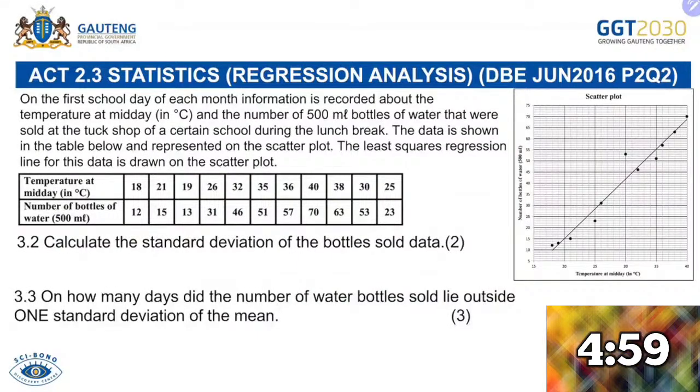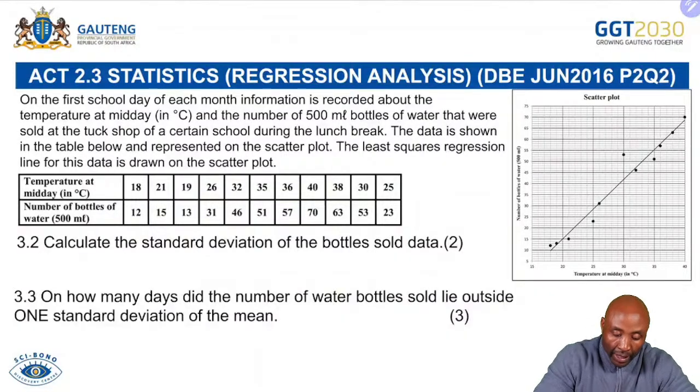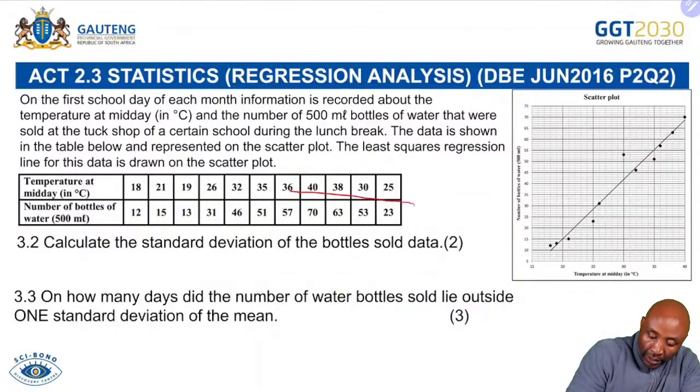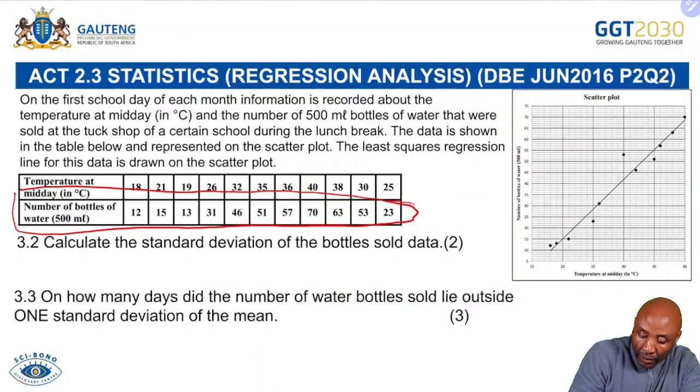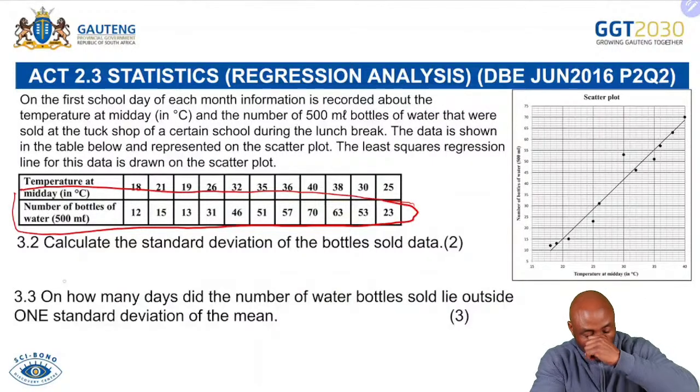Welcome back. The information on the statement is still the same, and we are still focusing on the number of water bottles. So we want to calculate standard deviation, and we are going to use our calculators.